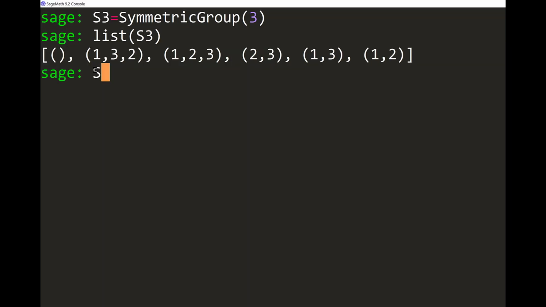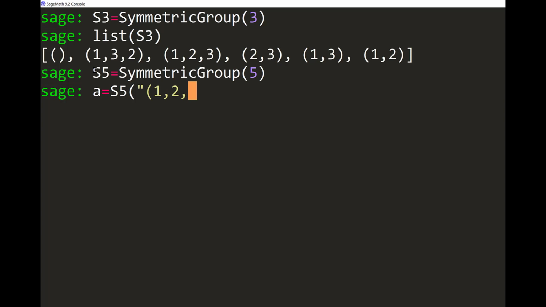So let's take, say, the permutation group on 5 symbols. We are taking the symmetric group on 5 symbols, and after that, let's take an element. And remember, how did you specify an element? You write the name of the group. Let's take an element of order 5. That's kind of easy right now.